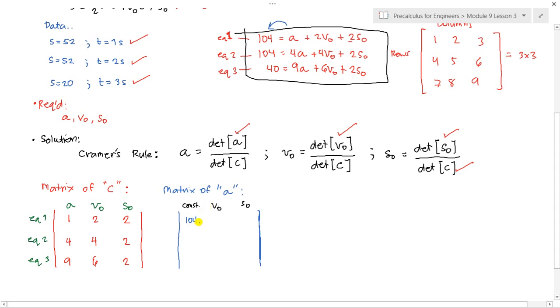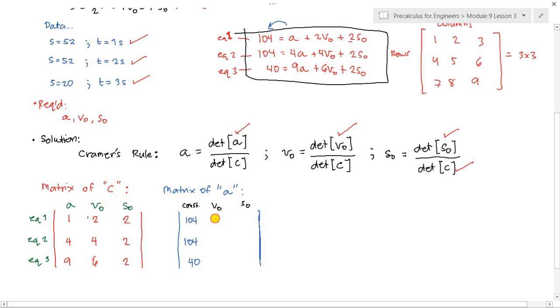Next, for equation 2. Pila may constant niya? Okay, 104 and then equation 3 that is 40. Now, sakto. So for V naught, ang iyahang elements for the column V naught is i-copy ra nimo ani sa matrix C, the coefficient matrix.